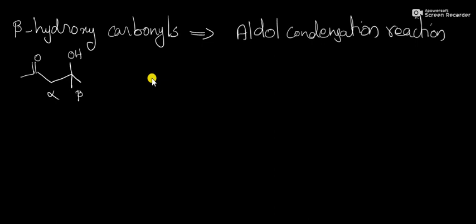And here are some tips for the synthesis of multifunctional compounds. If we want to synthesize beta hydroxycarbonyl compound, we can apply aldol condensation reaction. If this is our target molecule, this can be synthesized from acetone in the presence of a base.